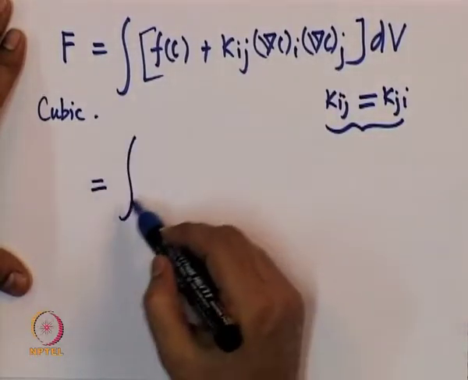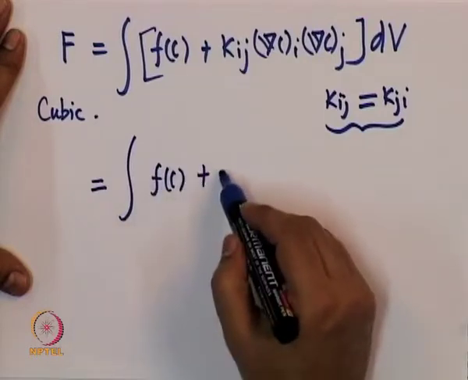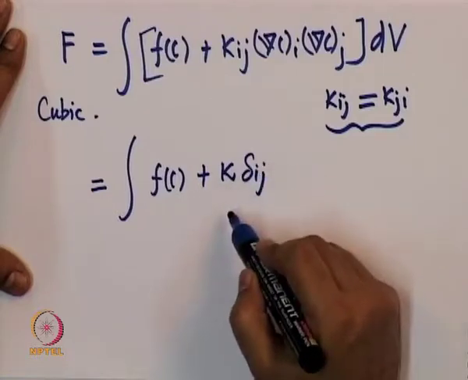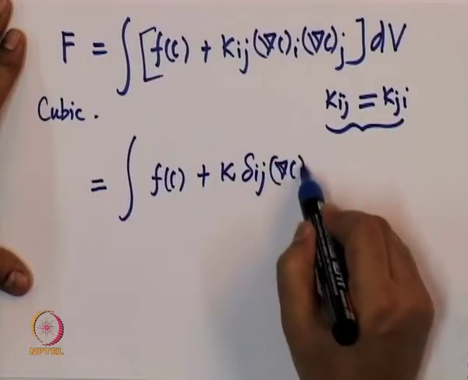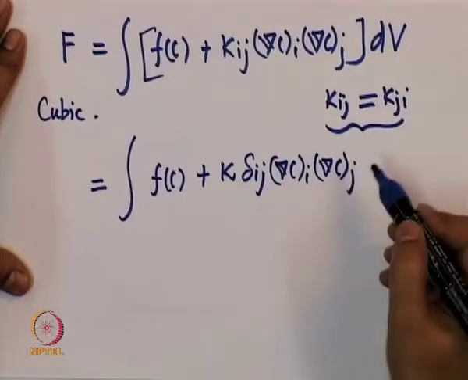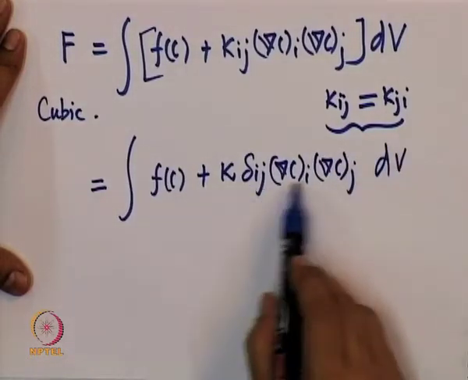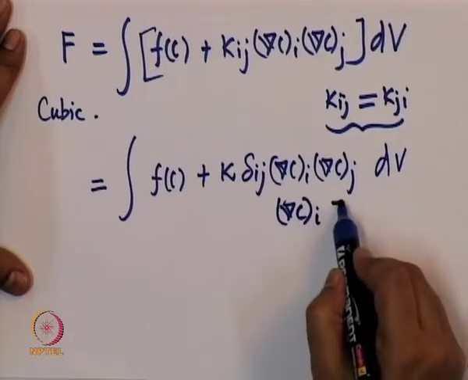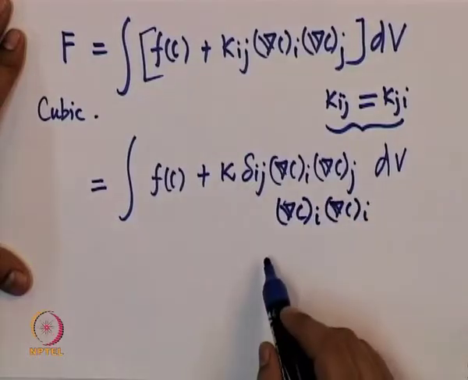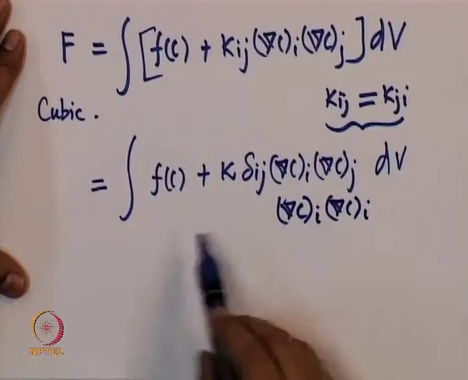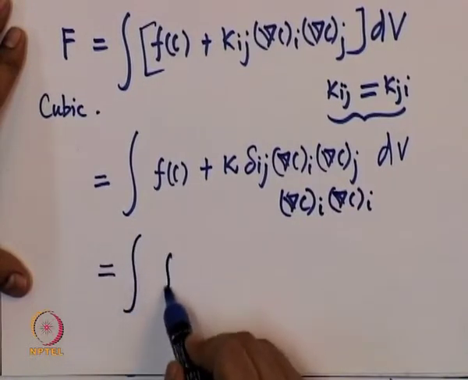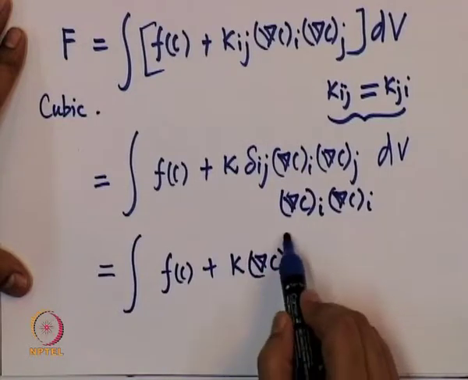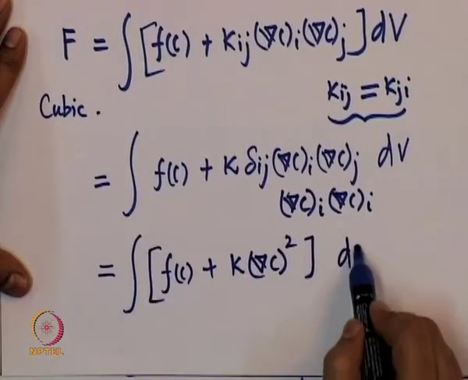So, I can further reduce this to f(C) plus some kappa, which is a constant, times delta_ij ∂C_i ∂C_j dV. Delta_ij acting on this makes it ∂C_i ∂C_i, and using the Einstein summation convention, that is nothing but f(C) plus kappa (∇C)² dV.